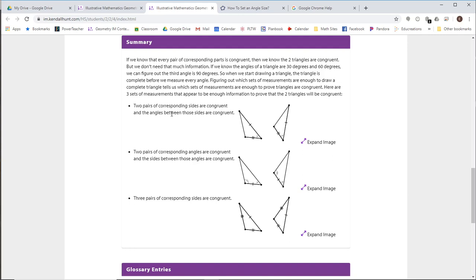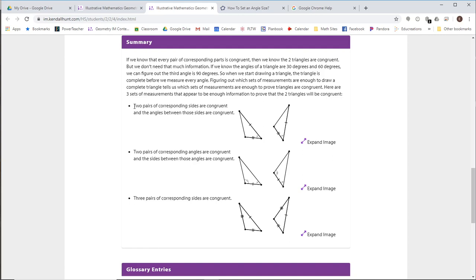The less information we have to find, the better, because that means less work for everybody involved. Less work is good. So we want to find statements that can uniquely determine triangles.